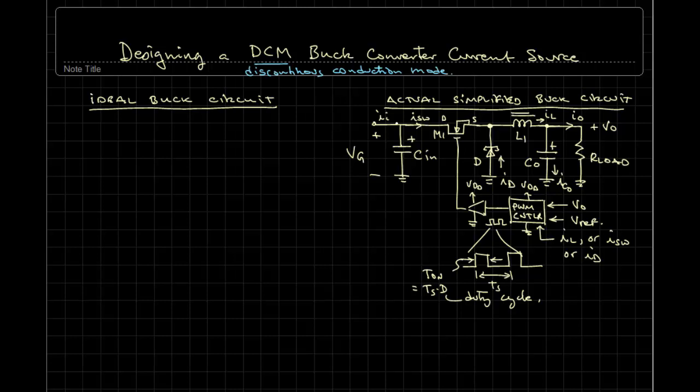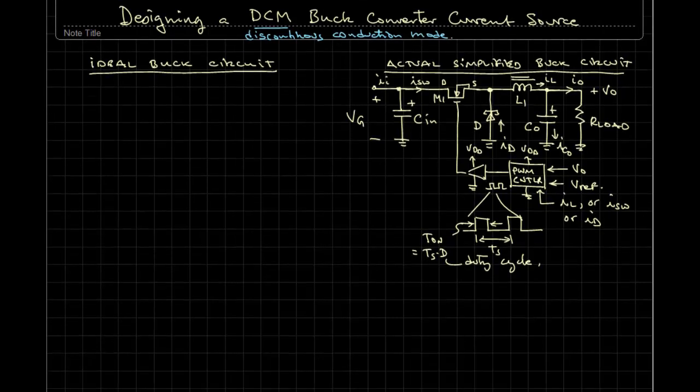So this is a more realistic schematic of what you might have for an actual buck converter, but in order to design or explain the principle of operation, we're going to redraw this much more ideally. Okay, so we're going to start with the voltage source VG, or maybe I'll just call it VIN.